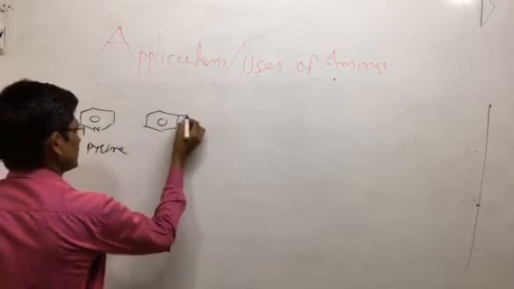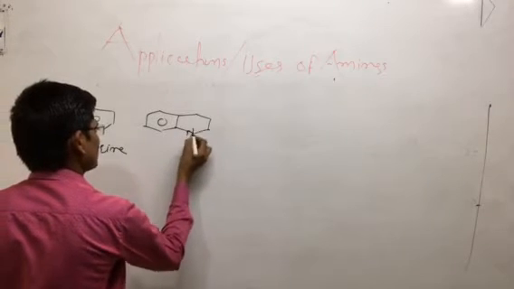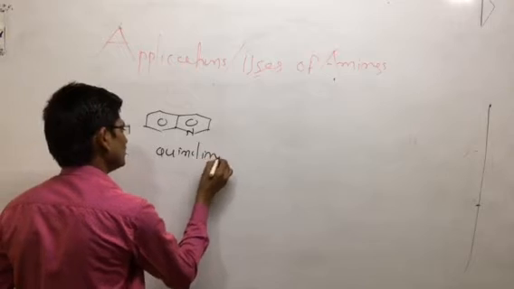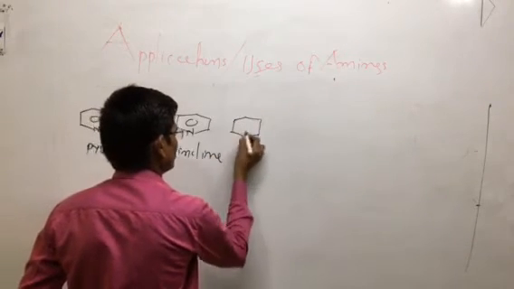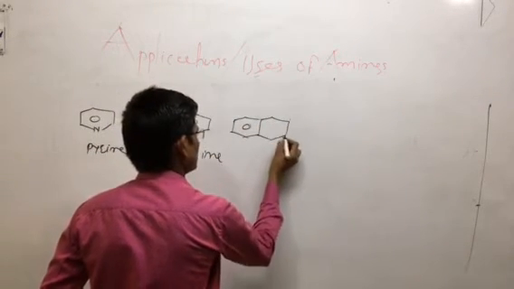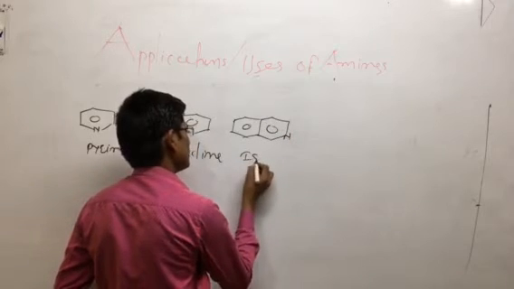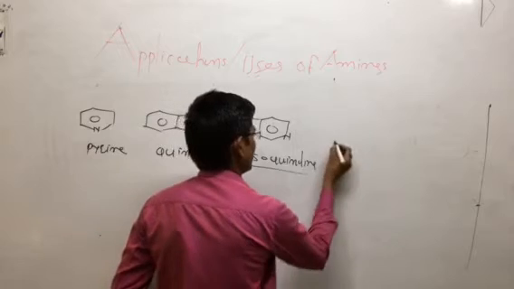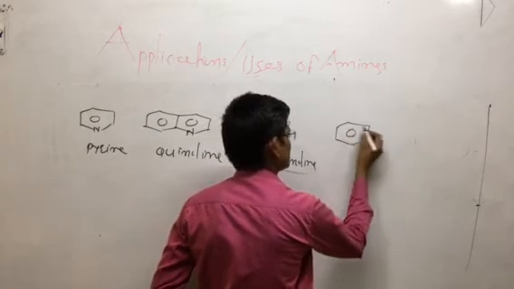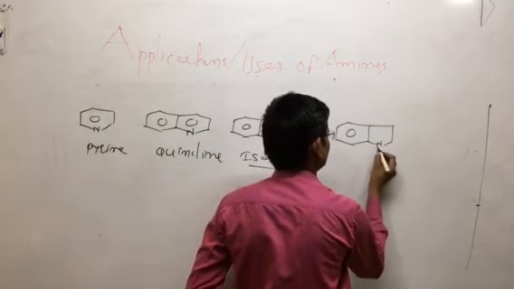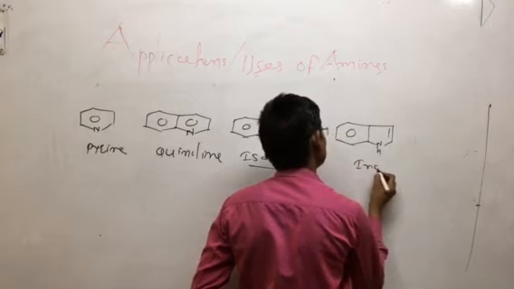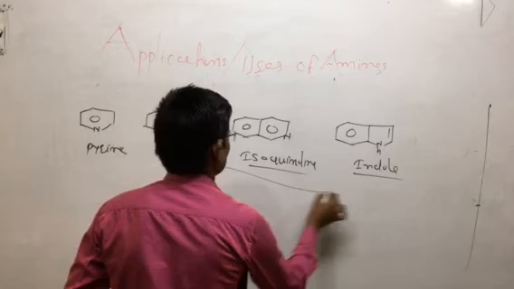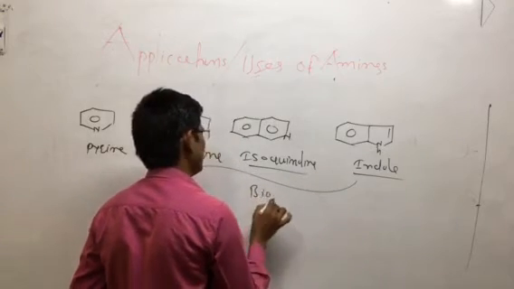Another type of compound is quinoline, and isoquinoline. Again another type of compound is indole. These are bioactive compounds.